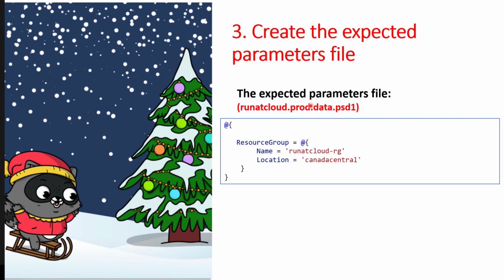As you can see, my data file has a suffix here stating for which environment I'm running the test, and here it's prod. So if I have multiple environments, I could have multiple files. Let's say I have another one called dev, which has the same structure, but the values will be for the dev environment.